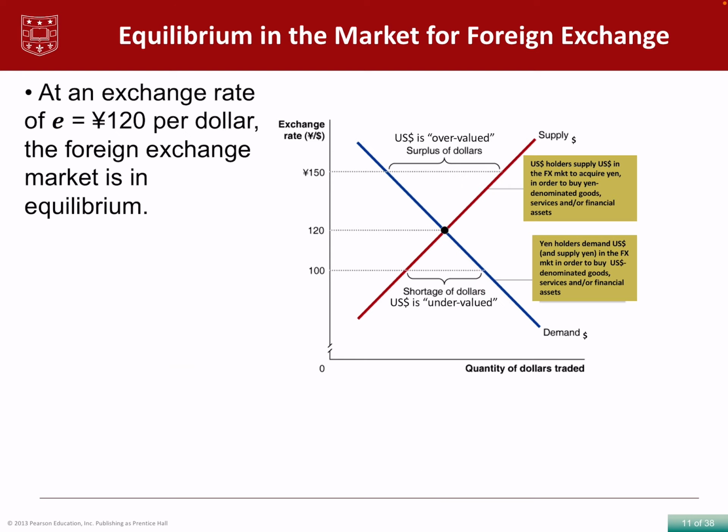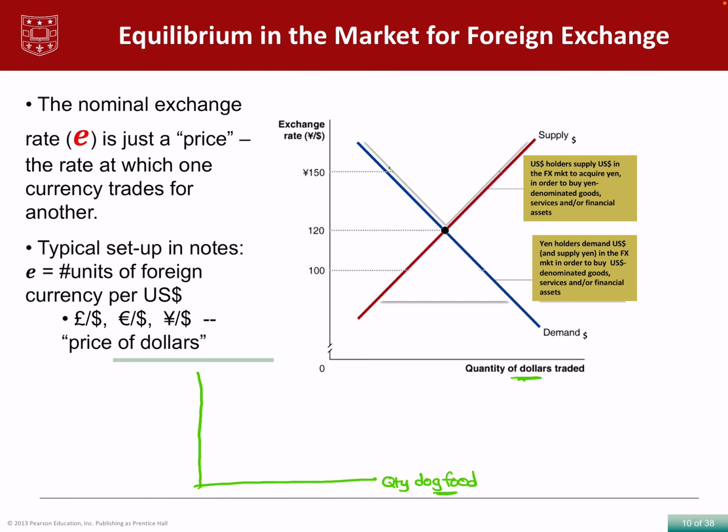We would put the price of what? Of dog food on the vertical axis, and this would be dollars per, say, pound of dog food.